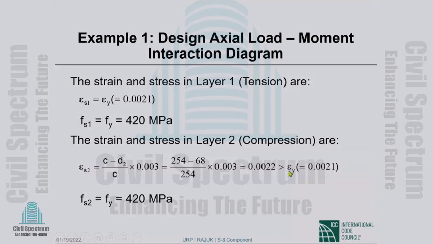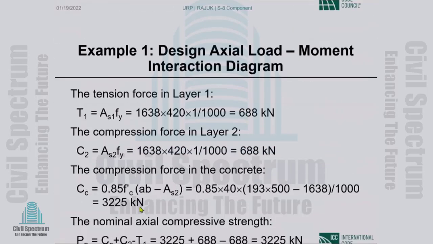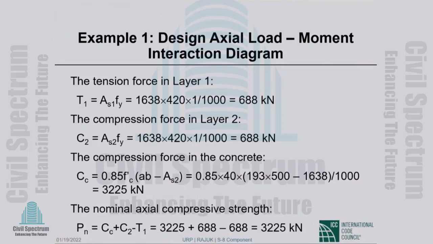The two top bars are now yielding in compression. The neutral axis depth is deep enough that those two bars are yielding in compression. So the stress in the top bars is also 420 MPa, but this is compression.